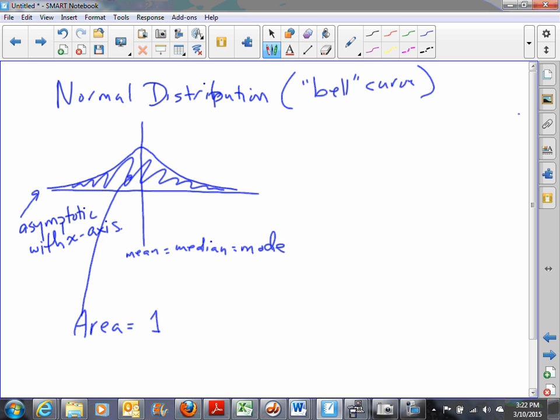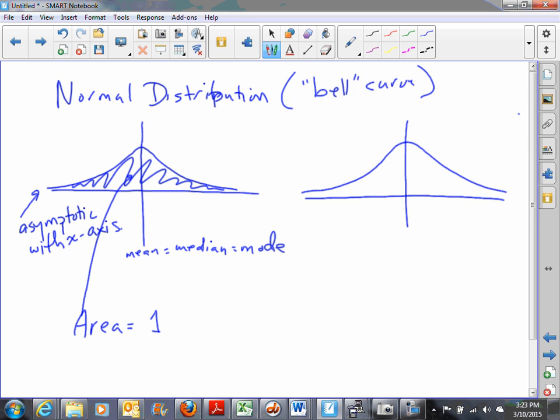And so then if we have, say, this part of the curve has an area of, say, 0.7, we say the probability that a particular data item will fall within this interval is 70% or 0.7. So the area of 1 is kind of important. It's asymptotic.